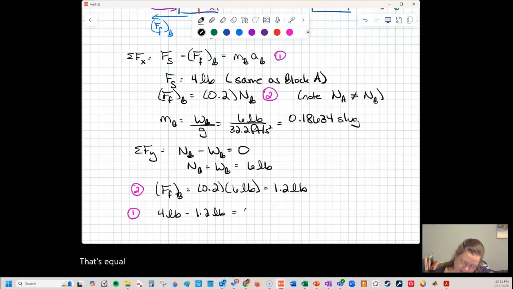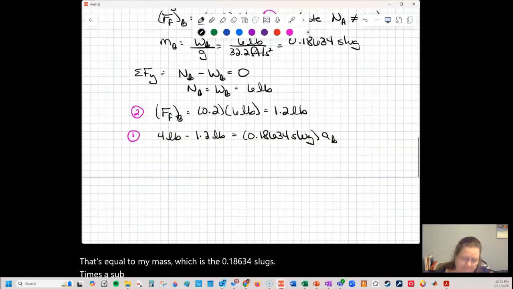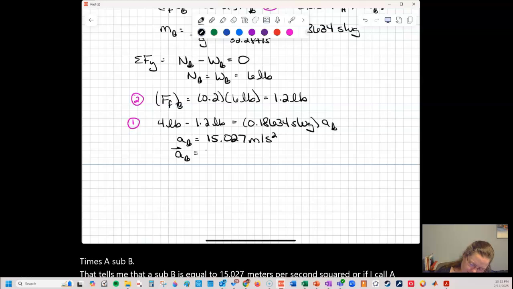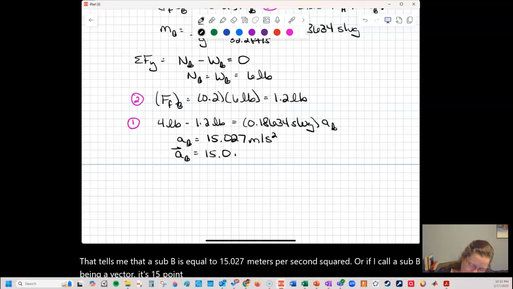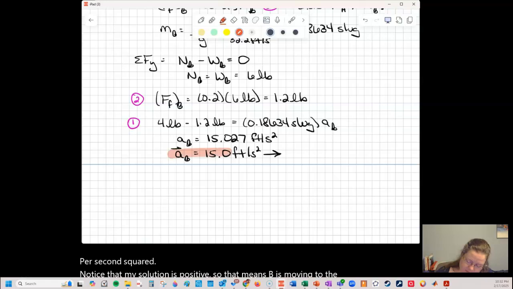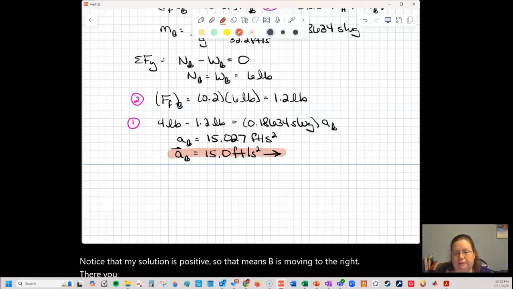That's equal to my mass, which is 0.18634 slugs, times A sub B. That tells me that A sub B is equal to 15.027 feet per second squared. Notice that my solution is positive, so that means B is moving to the right. And there you have it.